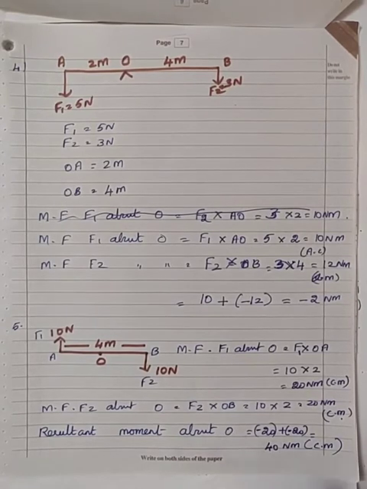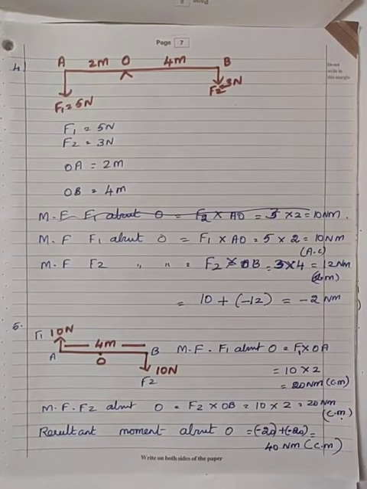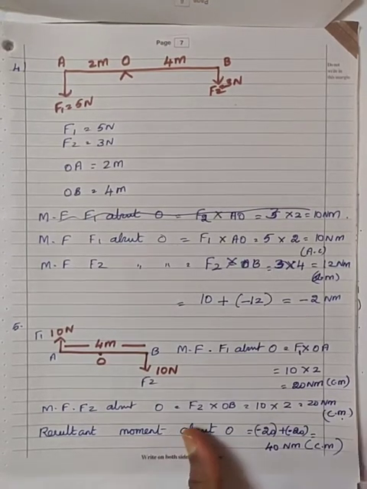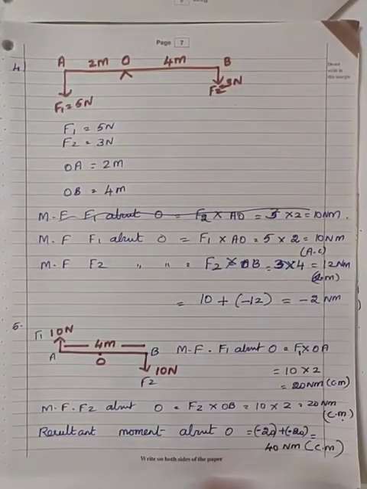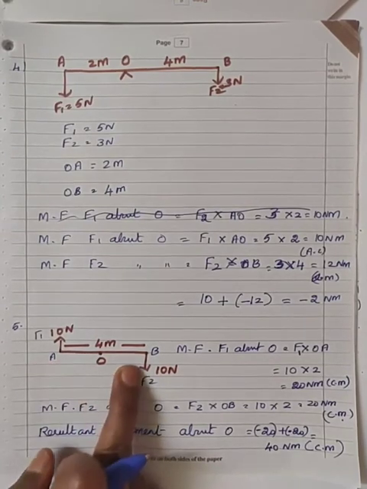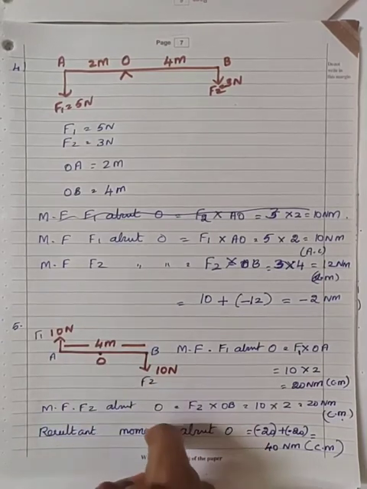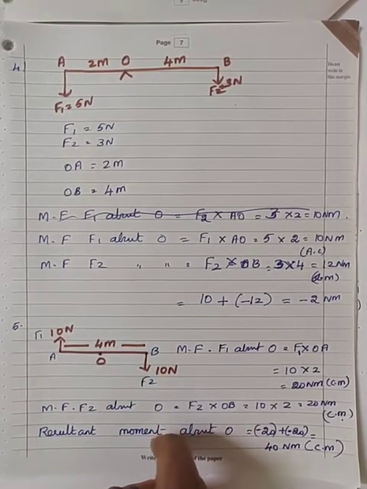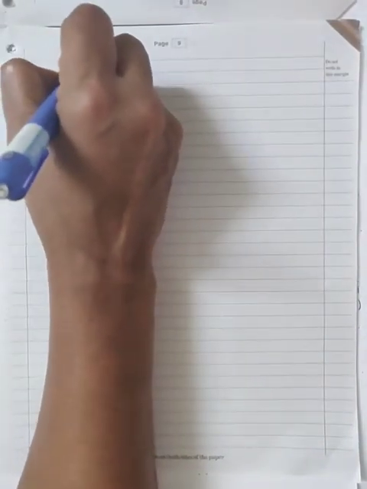So you can write the total moment of force about the point O is equal to 40 Newton meter in the clockwise direction. And this sum can also be done in the other way by using the expression for moment of couple. Because in this case, two forces are acting on the same body. The two forces are equal in magnitude but opposite in direction, and whose line of action is not along the same line. So it forms a couple.